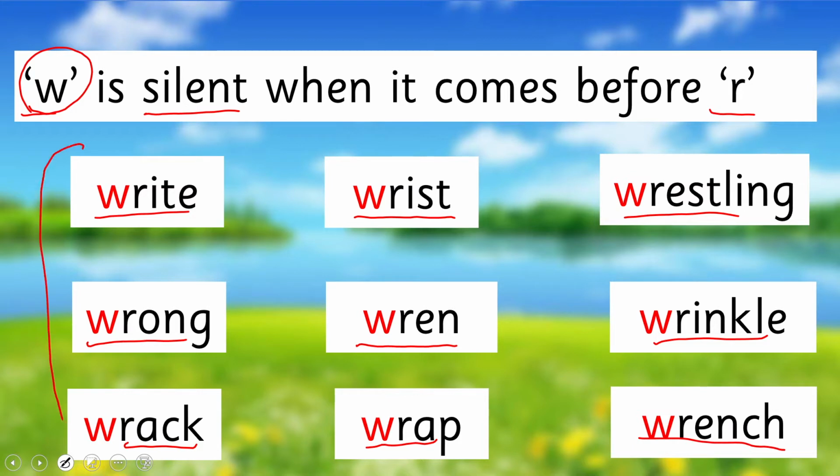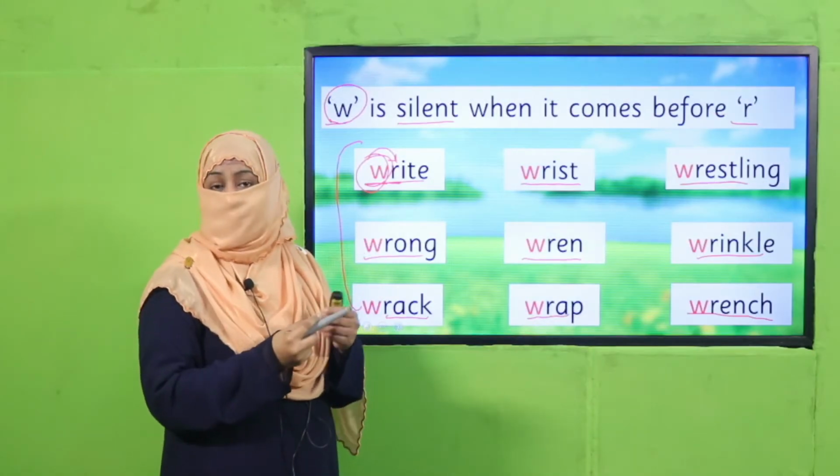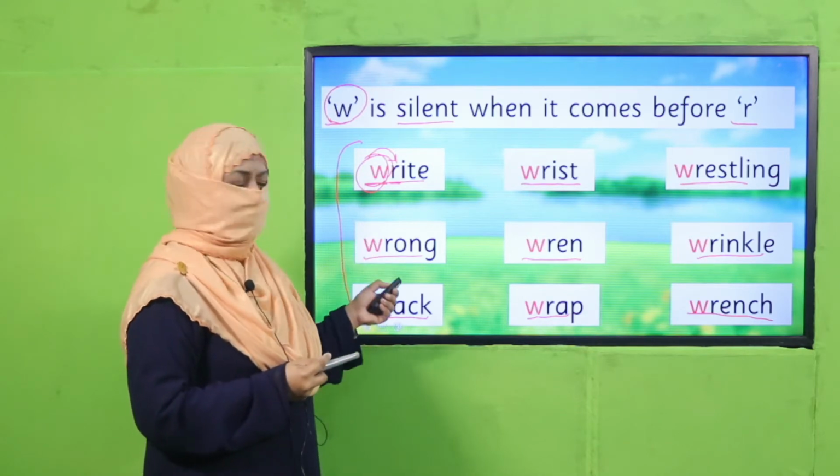In all these words, we don't pronounce this W. Why? Because after W we find R, and this R makes W silent. So in writing we write W, but when we pronounce these words we don't say this letter. That's why it's called mute consonant.